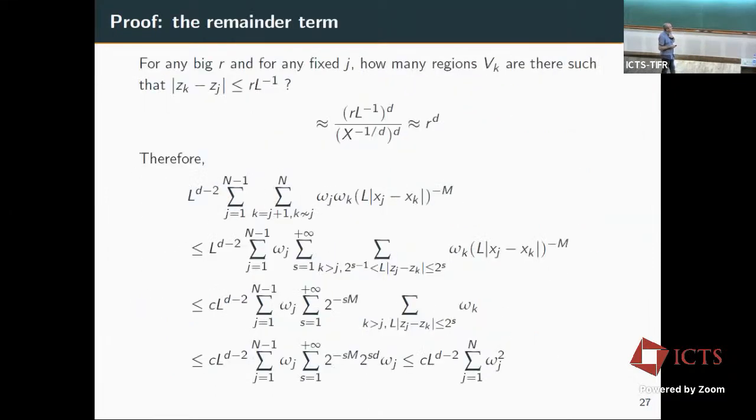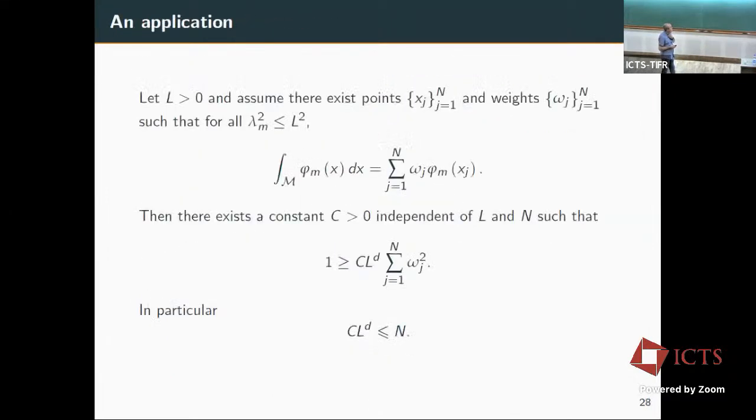Okay, and I would like to mention an application of this result. The application is yet another answer to Giuseppe's question from the other day. So you take L bigger than 0 and assume that there are n points, xj, and weights, such that for all eigenfunctions corresponding to eigenvalues smaller than L squared, you have an identity.